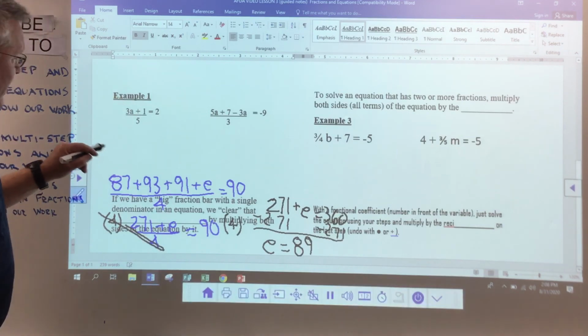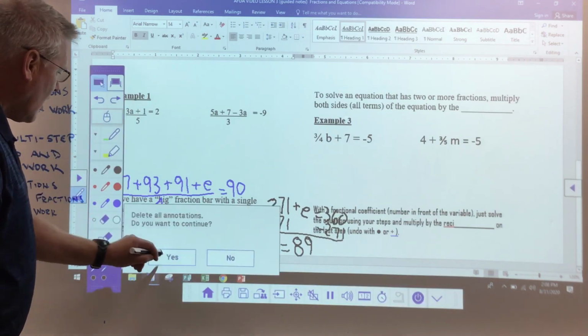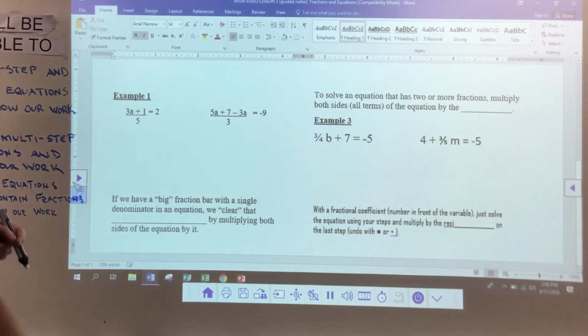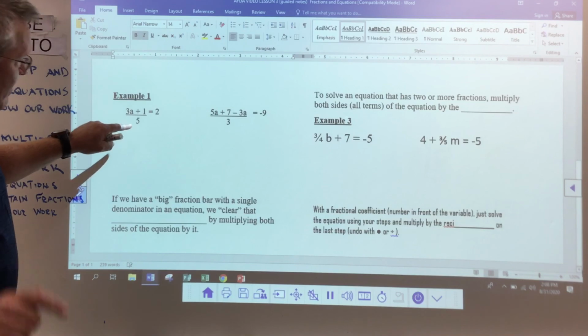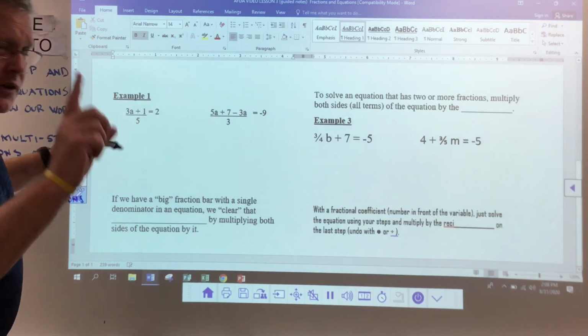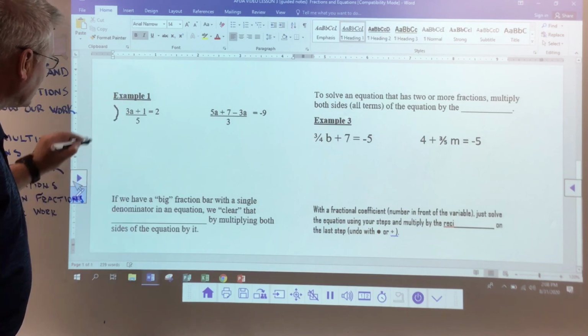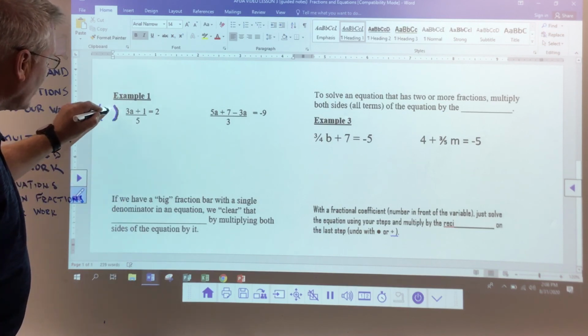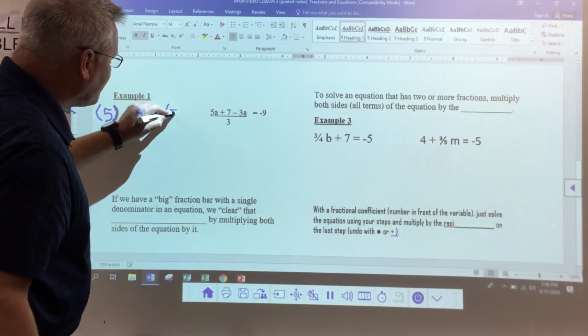So everybody go to example 1 with me. I'll clear this out of the way. It says 3a plus 1 all divided by 5 equals 2. Same big long fraction bar, what we learned up there above, how to get rid of it. We're going to multiply both sides by that denominator down here in the fraction, which is 5.